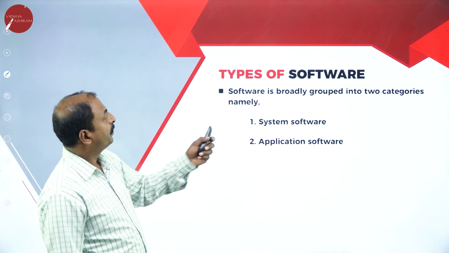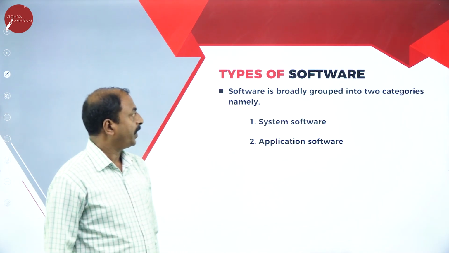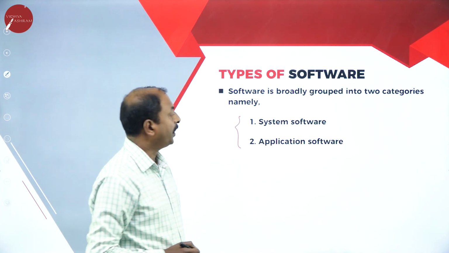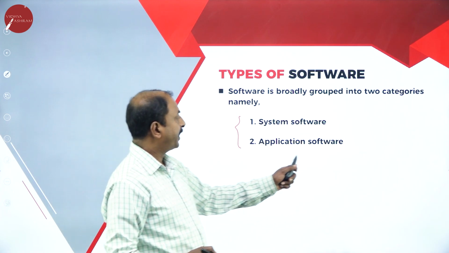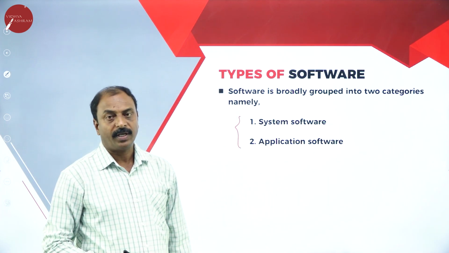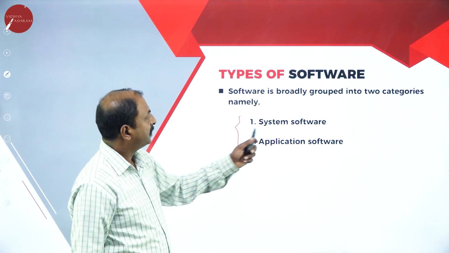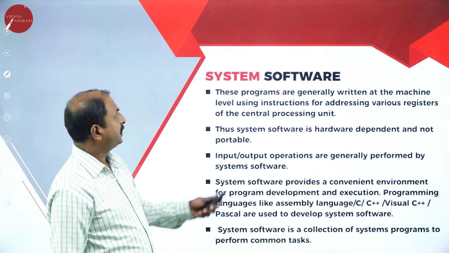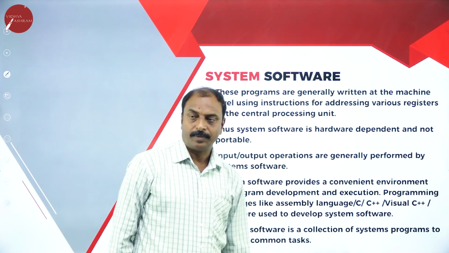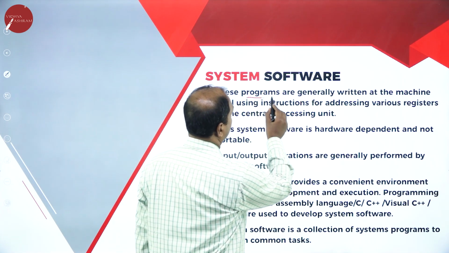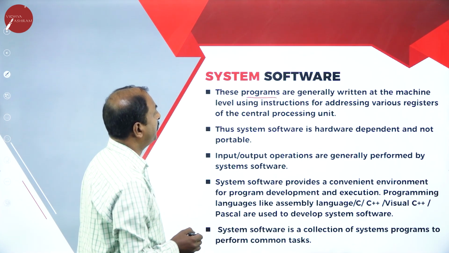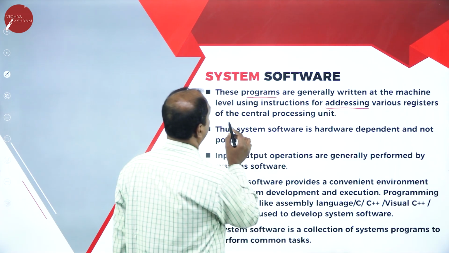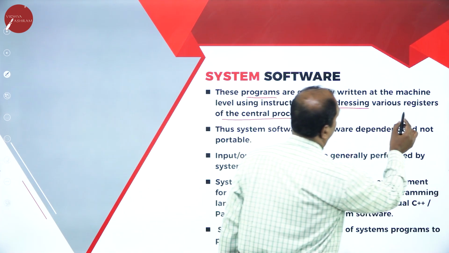Now, next, if you look at the types of software, broadly there are 2 categories: one is system software and the second one is application software. Now, let us see what is system software. System software programs are generally written at the machine level using instructions for addressing various registers of the CPU.